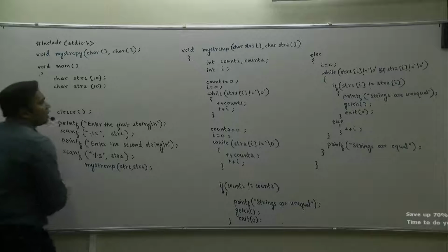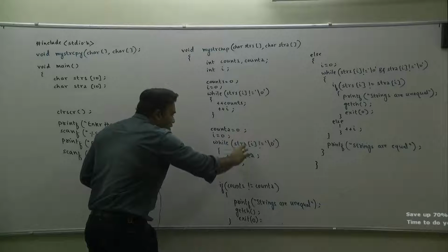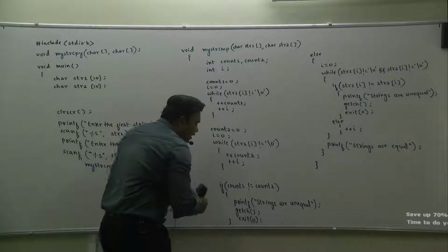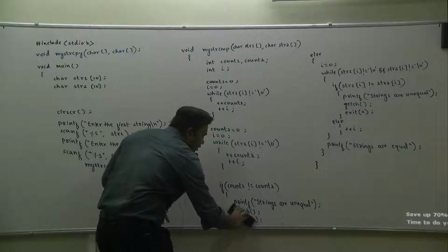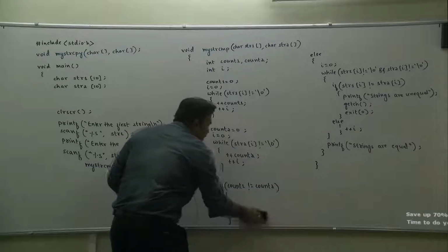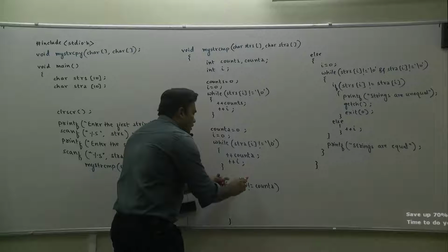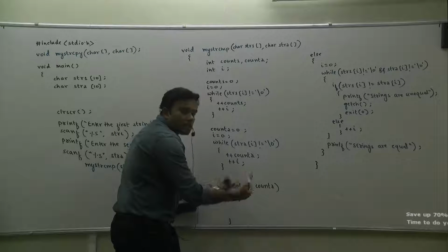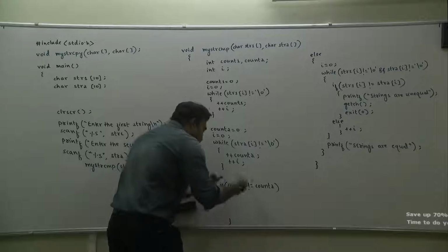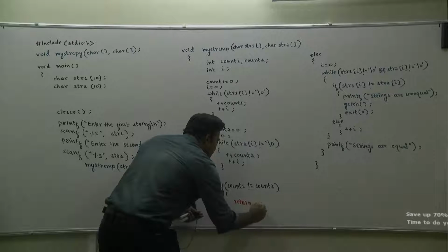Because of this call, control goes here. All the work takes place, but wherever you are telling strings are unequal, getch and all that, I won't print it here. Rather, if at all I want to tell that the strings are unequal, then instead of printing strings are unequal, I will return -1.